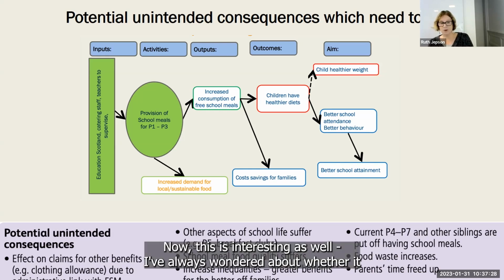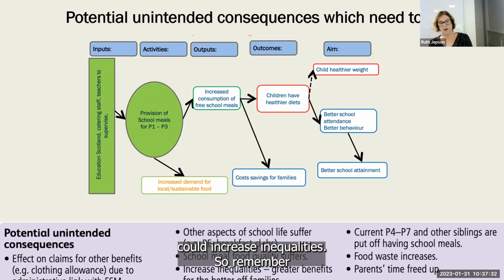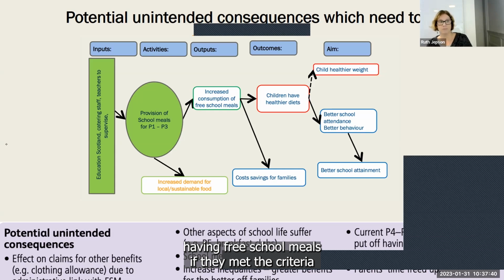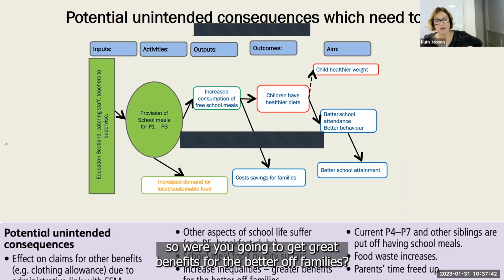Now, this is interesting as well. I've always wondered about this, about could it increase inequalities? So these, remember, P1 to P3 were already having free school meals if they met the criteria. So were you going to get greater benefits for the better off families?